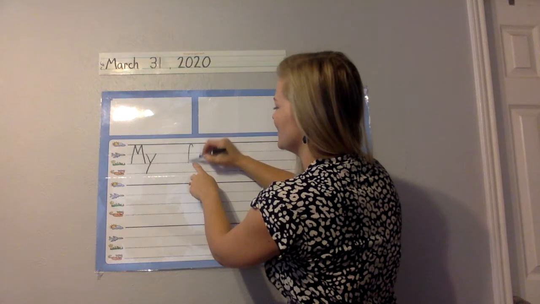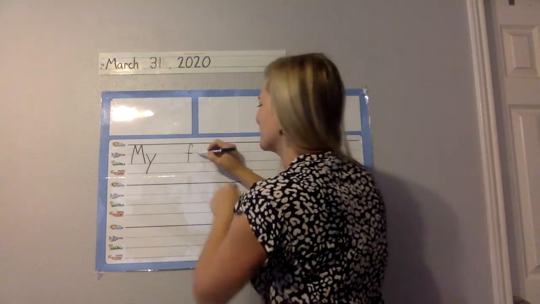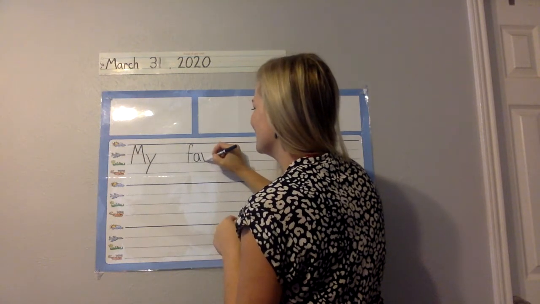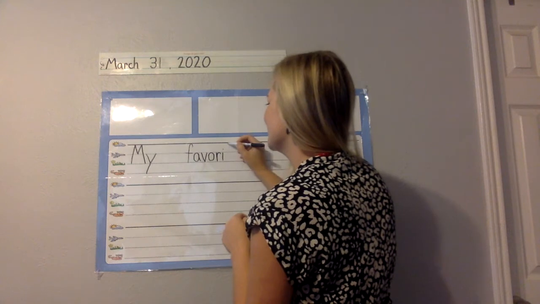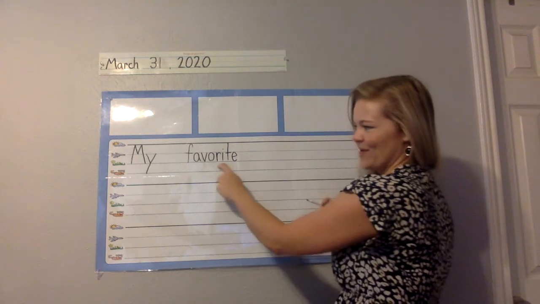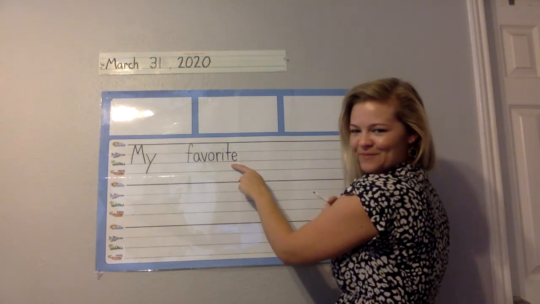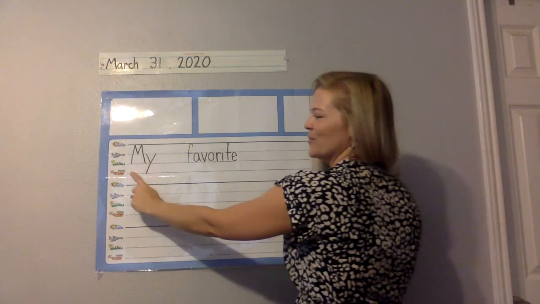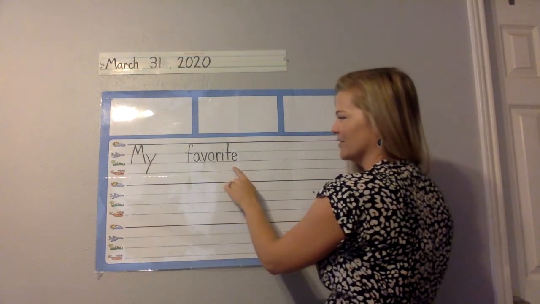This is a long one, but I bet you guys know it because we do a lot of this in journals. Okay, my favorite. So every single letter in the word favorite should be a lowercase letter, every single word, okay? So far we have my space, favorite.